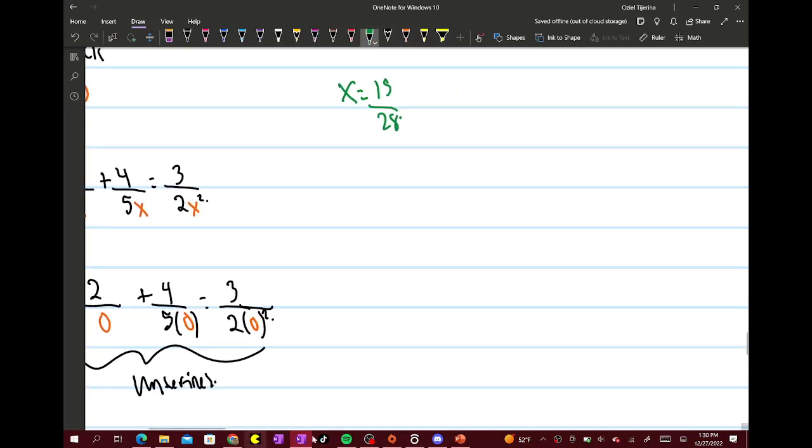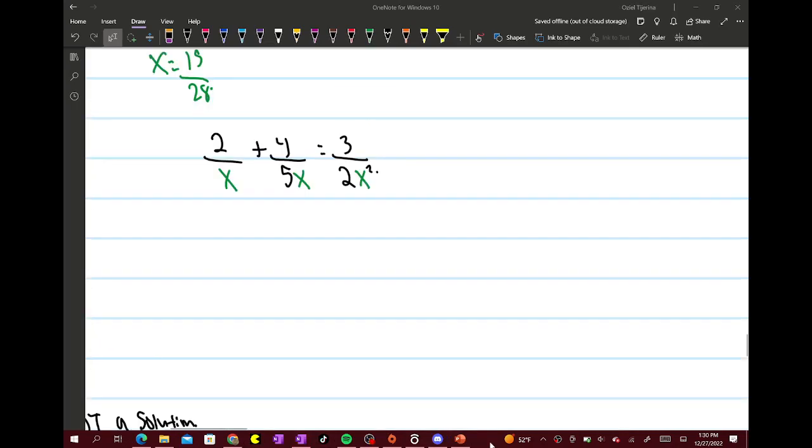So then we're going to have 2 over 15 over 28, plus 4 over 5 times 15 over 28, and then we have 3 over 2 times 15 over 28 quantity squared.